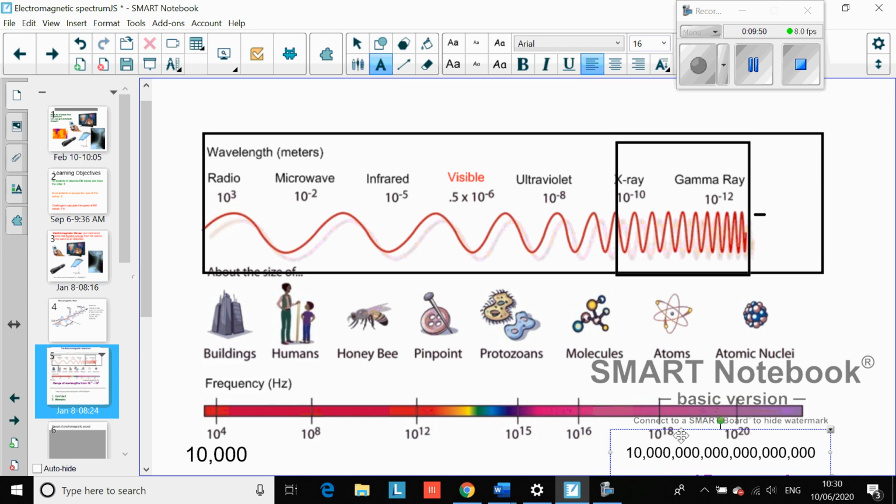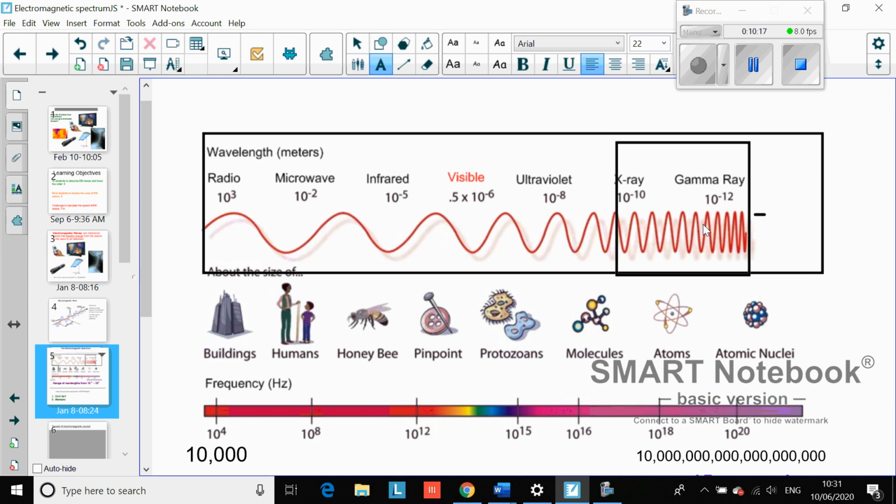I'm probably a little bit off, but you get the idea. So the number of waves you get at radio waves passing a point each second is not very much. You get maybe 10,000 waves passing a point each second. That's the frequency. Here, you would get 10 million waves passing a point each second because there's so many of them, because they're so tightly packed.